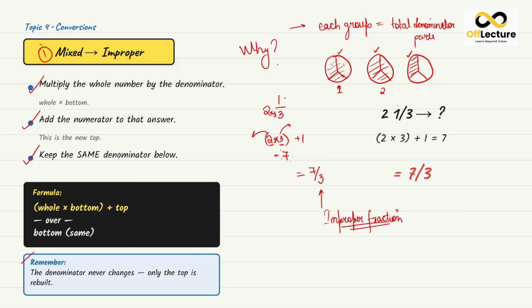Always remember that while converting a mixed fraction into an improper fraction, the denominator never changes. Only the numerator will be rebuilt.